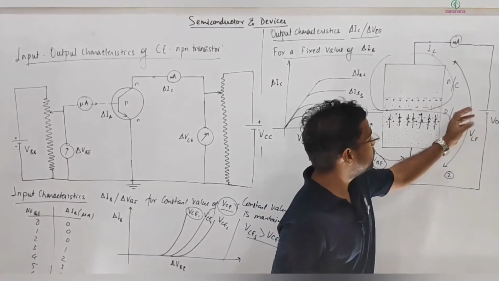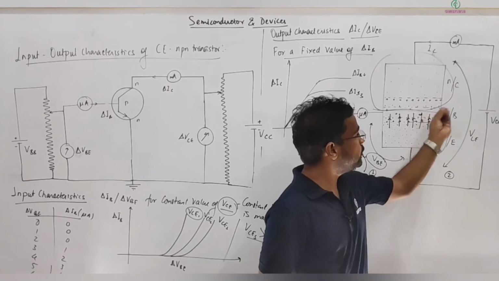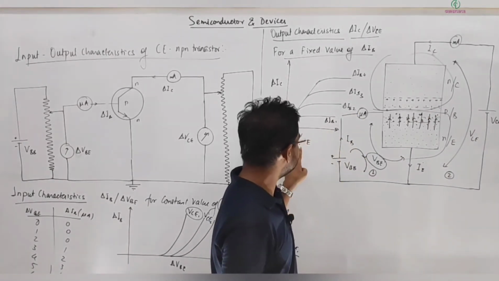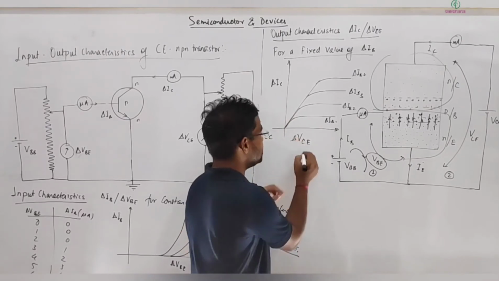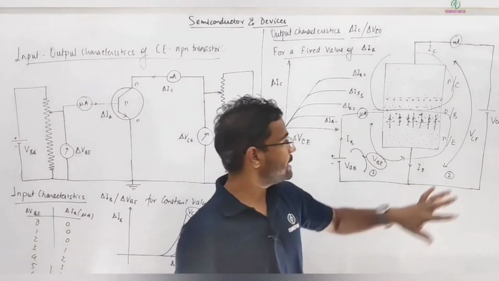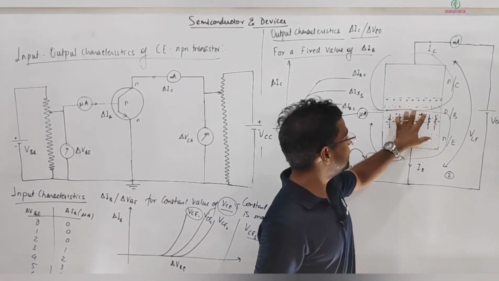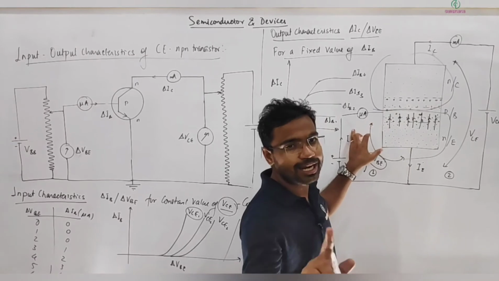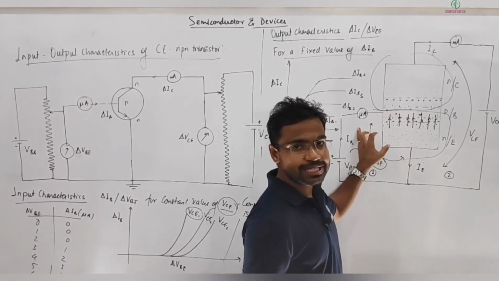It will try to pull fewer electrons. Understanding? So when the potential difference across the collector emitter junction, this VCE, is low, fewer electrons will move this side. It will prefer to move to the base side. More electrons will move this side.